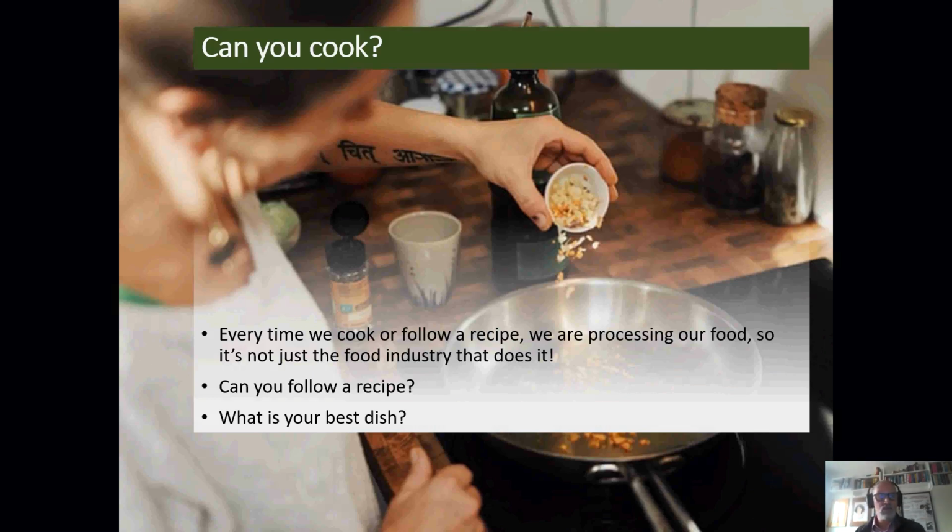Okay, so do you cook? Can you cook? Every time we are cooking, or following a recipe, just remember, it's not just the food industry that does it. It's as simple as putting together the ingredients.